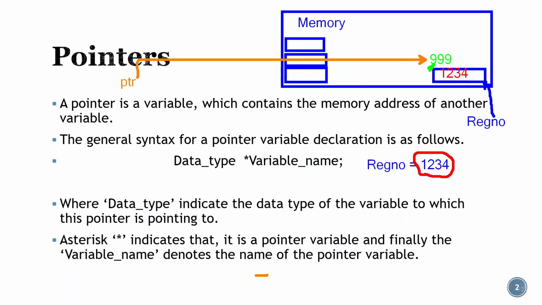So PTR refers to the address of that particular variable, and that is the idea of a pointer. So a pointer is a variable, no doubt, like all the other variables, but it contains the memory address of another variable. So that is the idea.